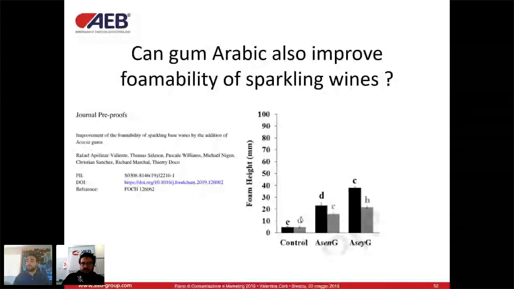The height is the black, and the foamability is the other one. And with the Acacia seyal, in this case the Rapidase 30, has a better ability to increase the foamability of the wine.